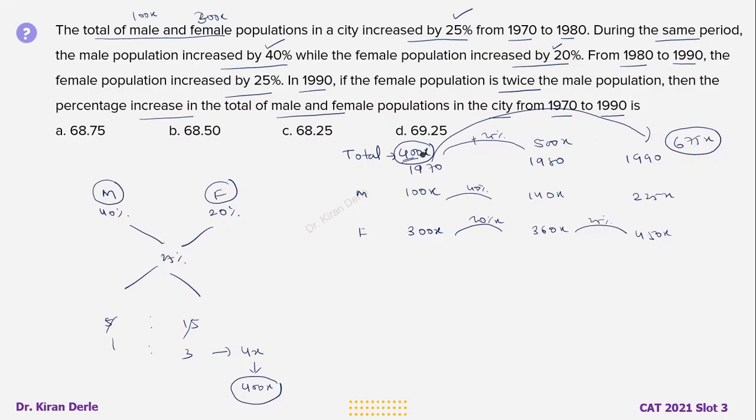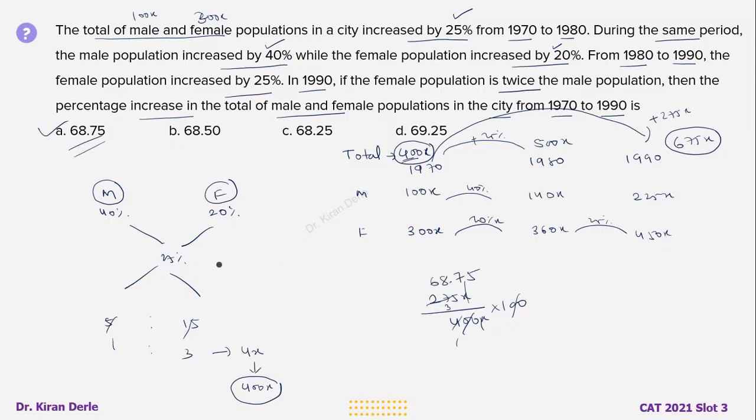In terms of value, it is a 275x increase. So 275x is what percent of 400x? That's it. This is your answer, 68.75%.